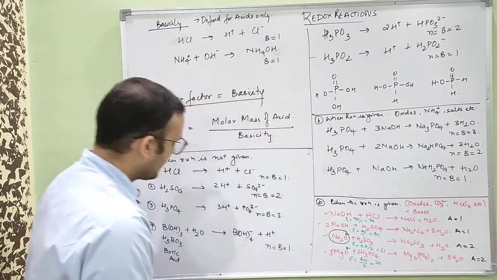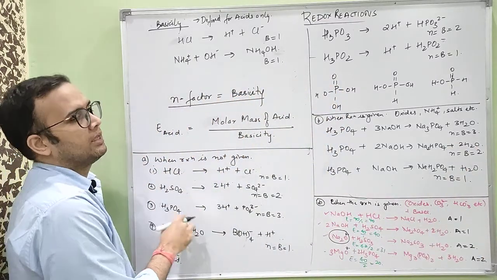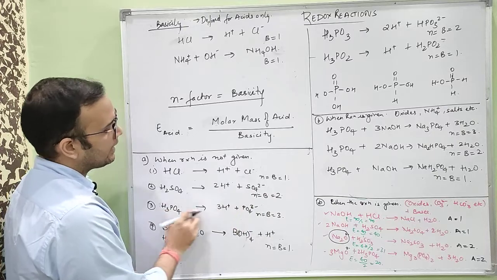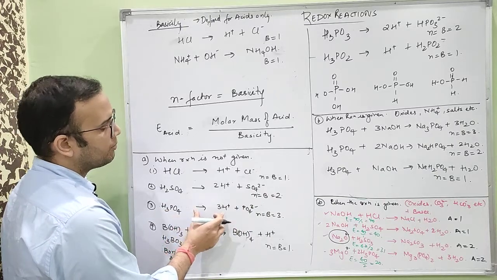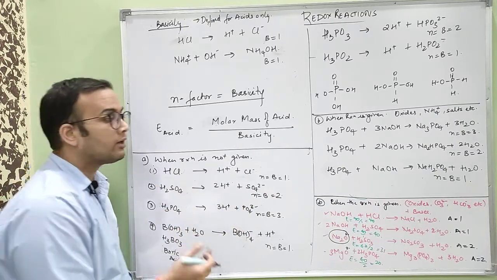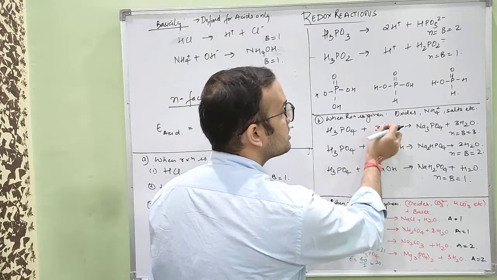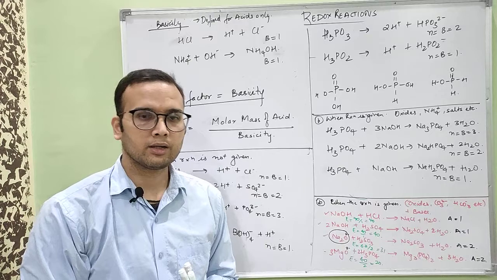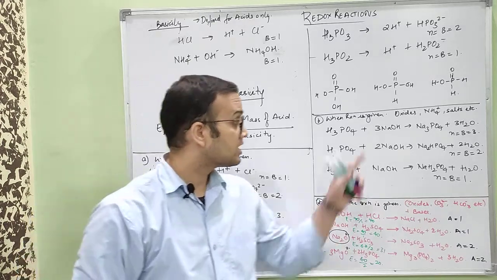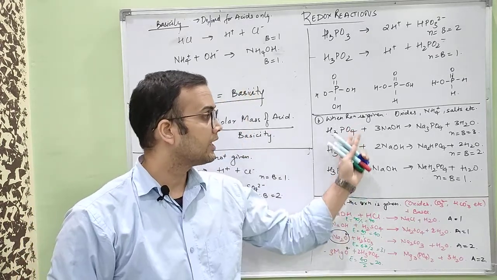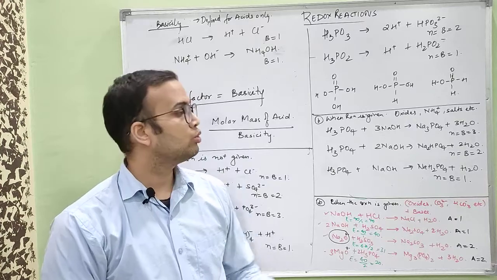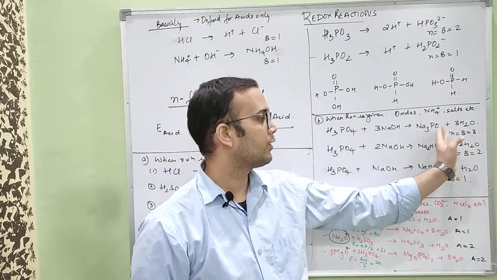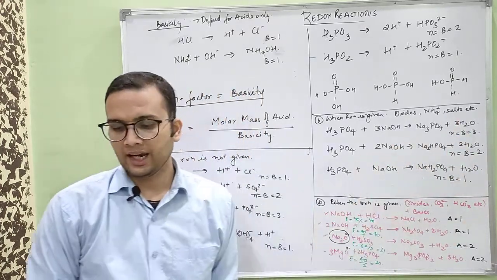So you can see, in general, if the reaction is not given, we can say that its N factor, or basicity, is 3. But when the reaction is given, it depends on how it is behaving in the reaction. Got my point? You have to be very clear about this: N equals B equals 1, 2, or 3 in these 3 cases.